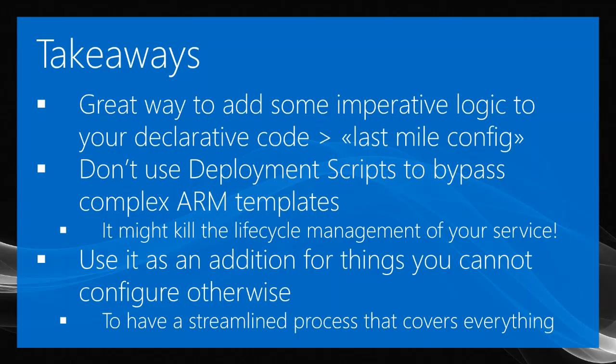So I think it's a great addition to the ARM template show, which adds lots of flexibility to us, because that wasn't possible until now. Until now, you just had to somehow deploy your ARM templates, and then you had to run some additional scripts later somehow, either manually or through some other process, but it wasn't fully integrated. And now by using deployment scripts, we can actually integrate that.